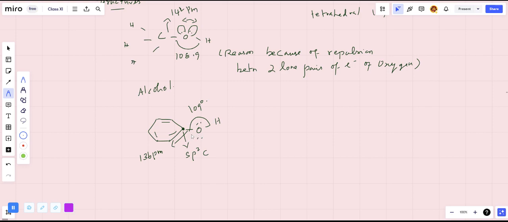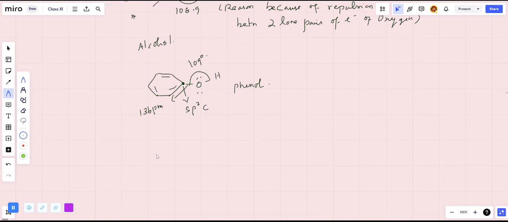So the bond is slightly shorter than the alcohol. That means it has partial double bond character because of the sp2 carbon. This is for phenol.